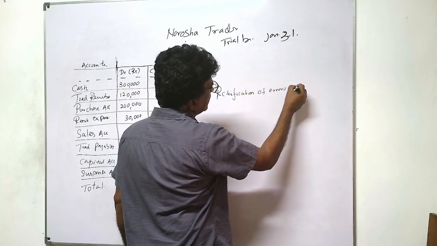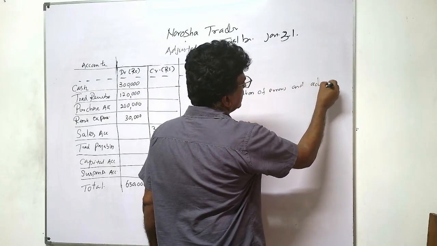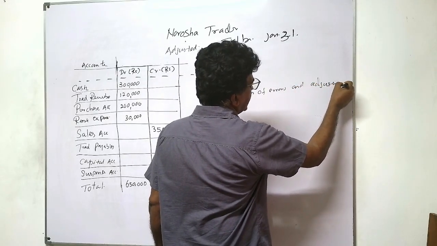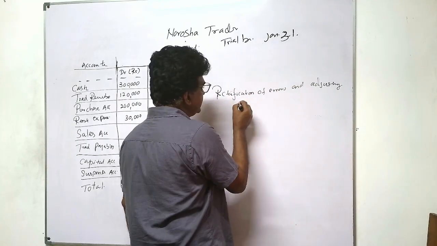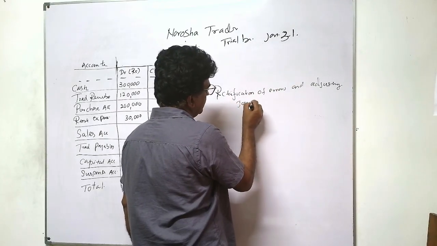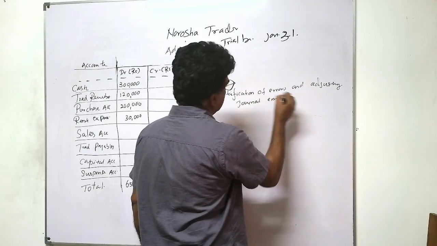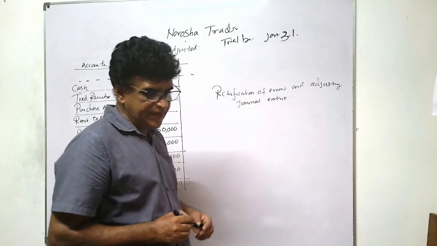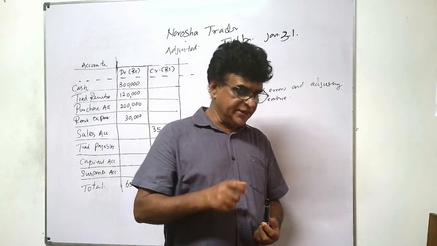Errors and adjusting journal entries. This is another small piece of journal entries for error correction and adjustments.